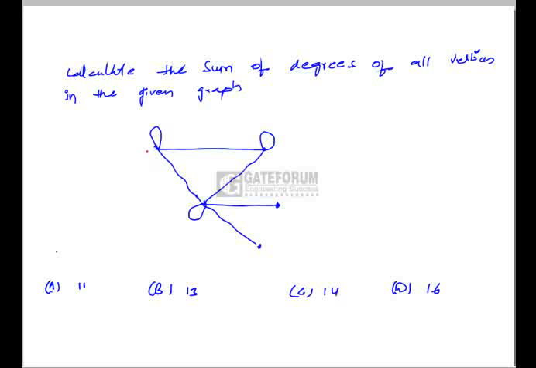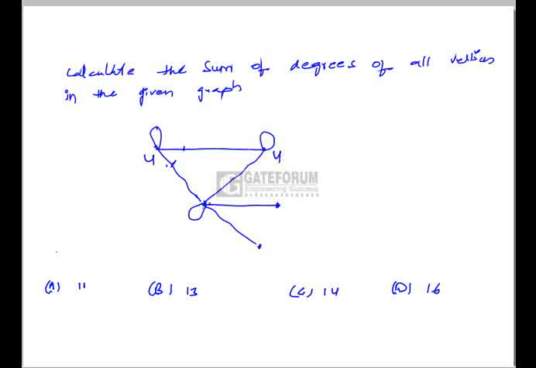So here the degree of this vertex would be, this self loop is counted twice, so this is 2, this is 1 and this is 1. So degree of this vertex would be 2 plus 2, 4. For this vertex also the degree would be the same, that is 4.